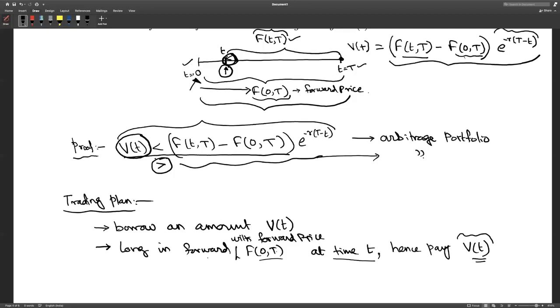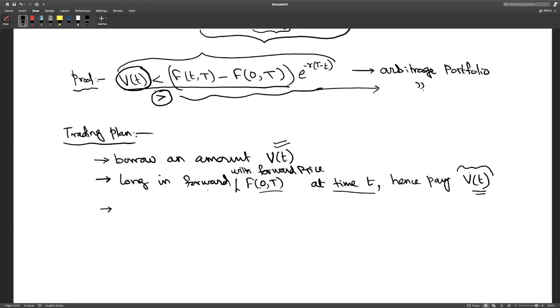That is, your friend will pay and get the contract from you, and your friend will borrow money, pay it to you, and get this contract at time small t. At time t equal to 0, one doesn't need to pay as per the rules of forwards.